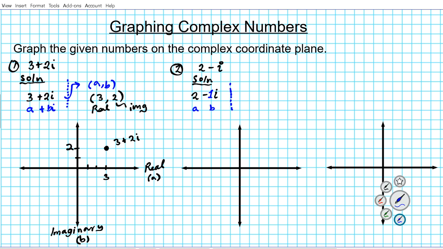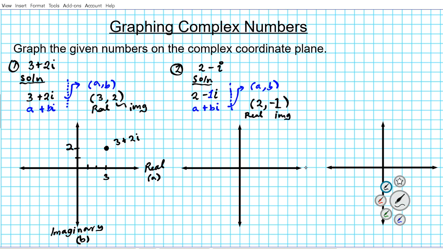So if we want to graph the coordinate point a comma b, so this is a plus bi, we're just going to use 2 as a, and b is, you also take the sign, -1. So that's how we are going to graph it. We're going to graph 2 on the real axis and -1 on the imaginary axis.